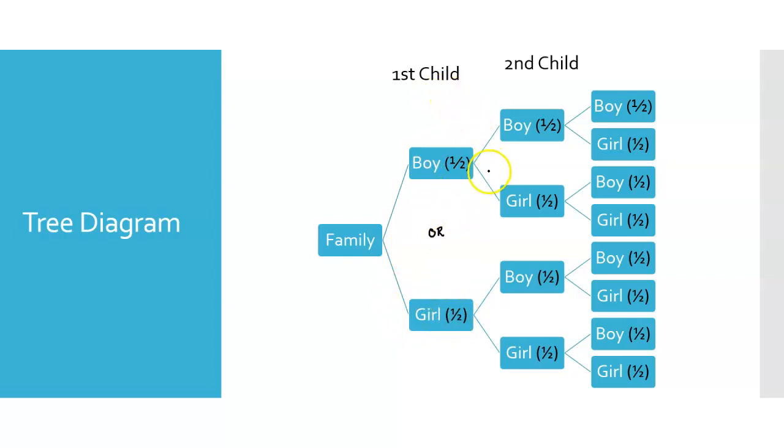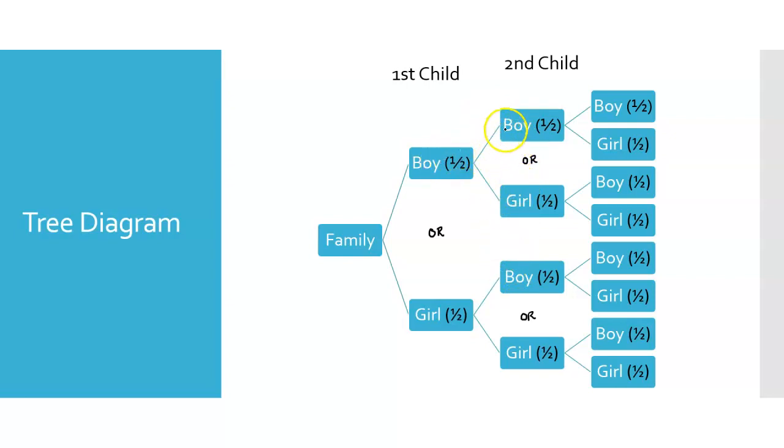On the second child, if we had a boy the first time, then we can have either a boy or a girl the second time. Or if we had a girl the first time, again, we could either have a boy or a girl. These are independent events. One is not affecting the other. Remember, with independent events, we also have, or I guess these are not non-overlapping events because they're ors.